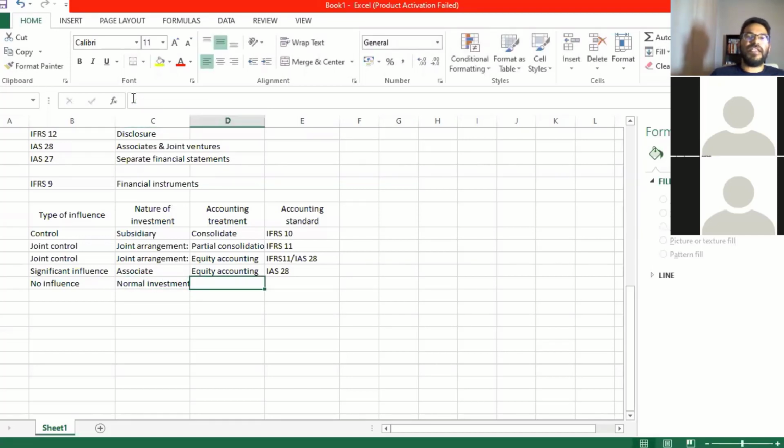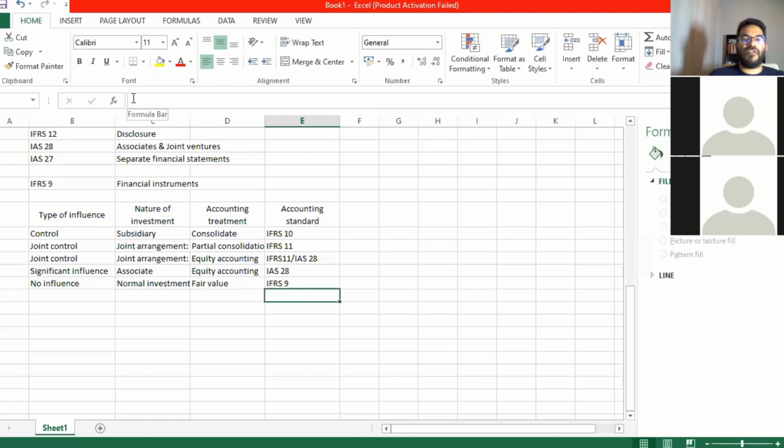The accounting treatment for a normal investment is fair value. Which standard deals with the fair value of investment in shares? The accounting standard that deals with fair value relating to investment in shares is IFRS 9 Financial Instruments.